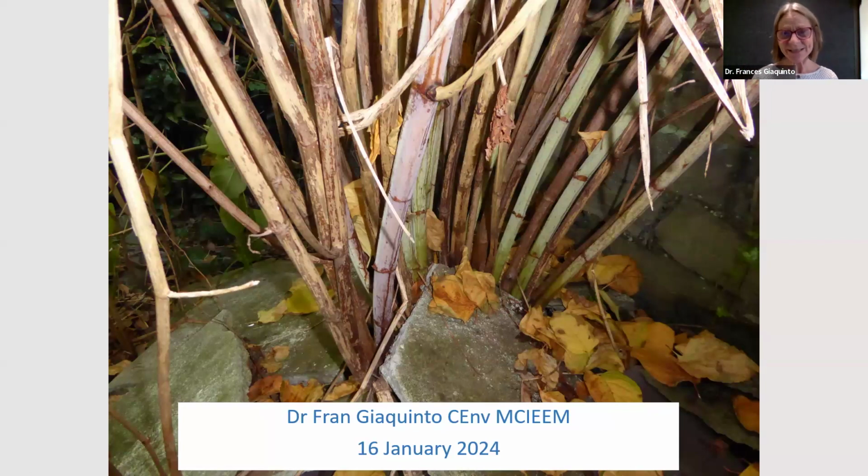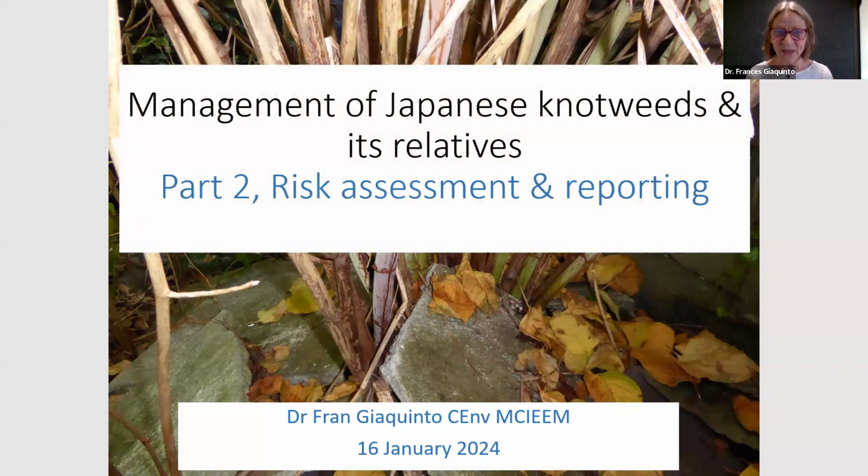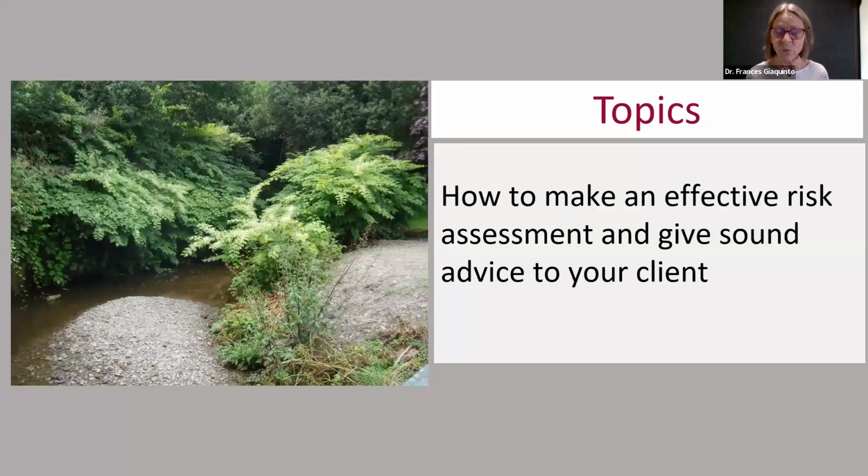So anyway, this is the second part of helping you really become familiar with the issues of Japanese knotweed, and it's supporting the information paper that the SCSCI has just produced. So first of all then, what we're hoping to do today is to give you more confidence in how to make an accurate assessment when you see Japanese knotweed and what advice to give to your client.